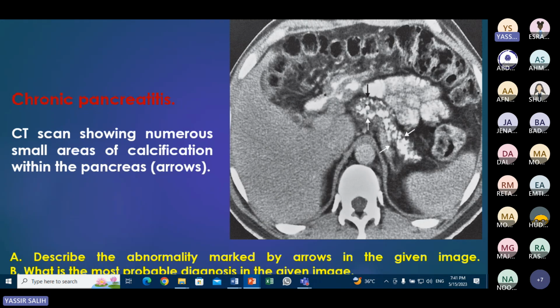What describes the abnormality demarcated by the arrows? Calcifications. Where is this calcification? In the pancreas. Yes, the pancreas. What is the most likely diagnosis?